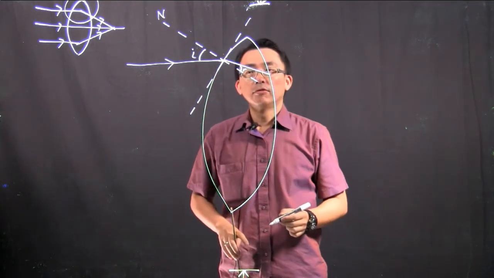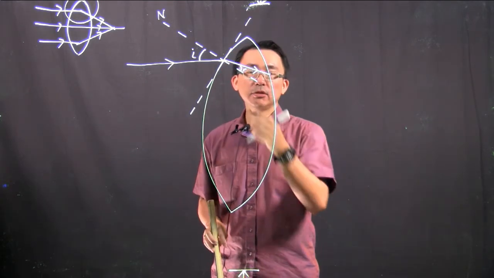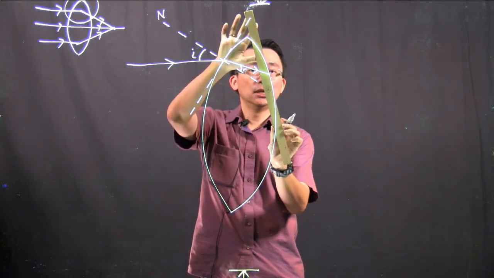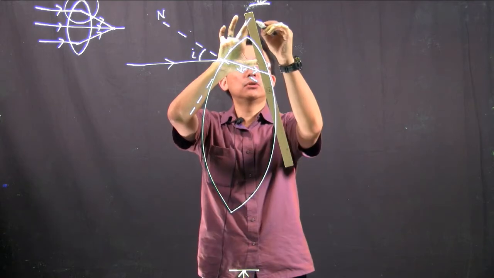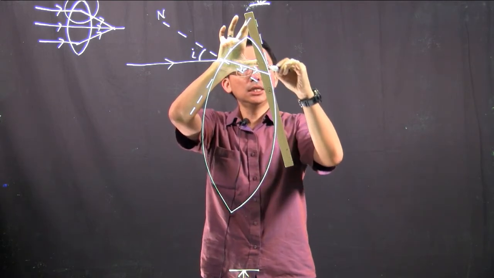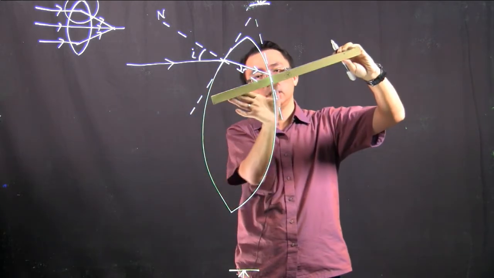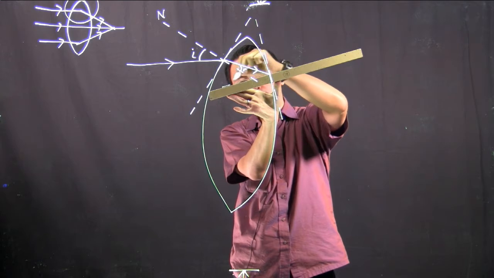Following that, how do we see the light that comes out from the lens into the air as it emerges out? At this point, we draw the tangent again, after which we draw the perpendicular normal at the same point.